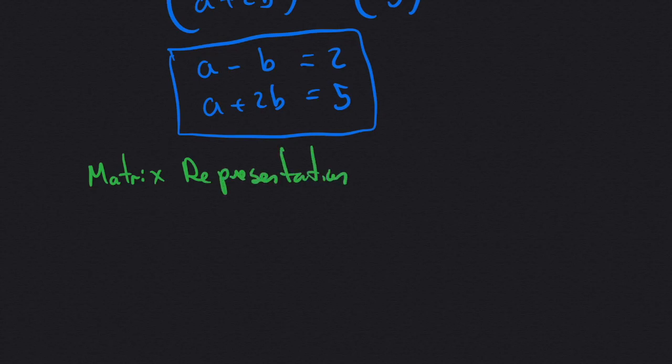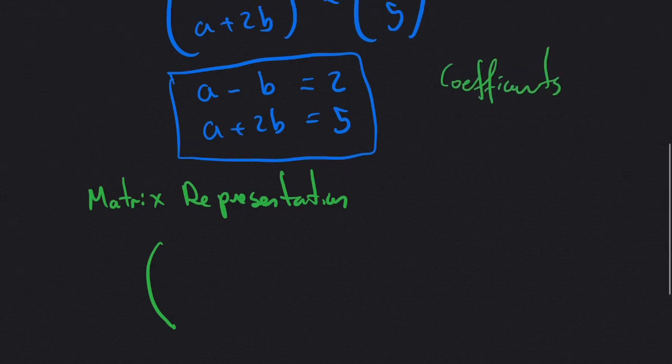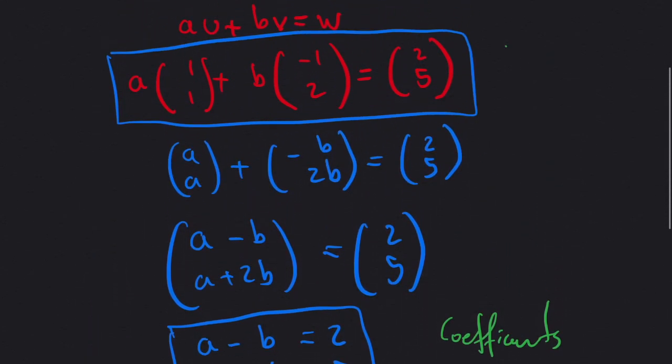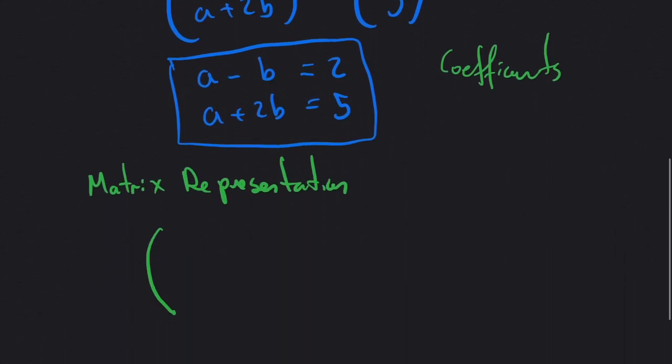For this, we're going to look at the augmented matrix for this system, which could be thought of as the coefficients of the system of equations, or just joining the vectors that I have in my vector equation. Either way, we will get 1, 1, negative 1, 2, augmented by 2, 5.